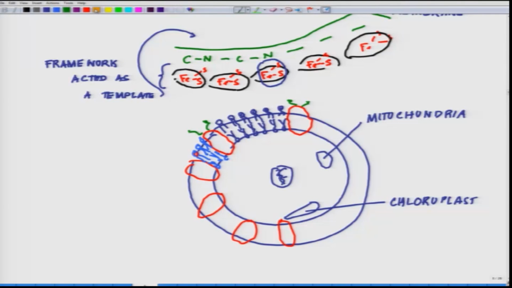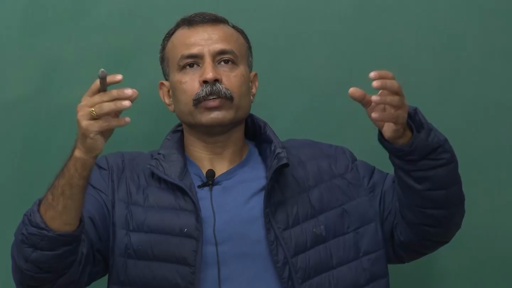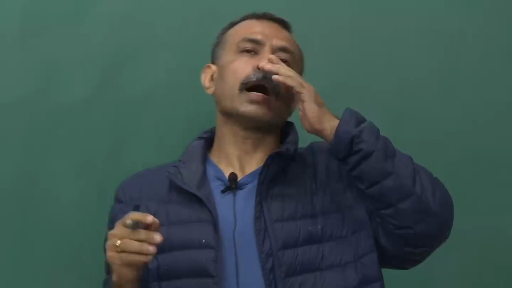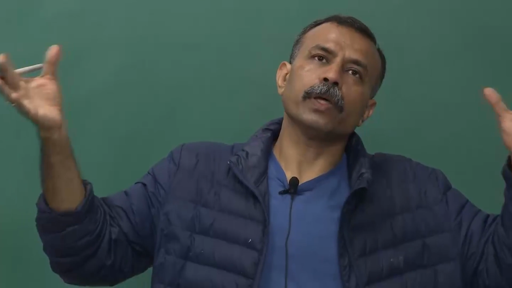And one interesting feature is that most of them, if they are electron transport proteins, will have this iron-sulfur. Now, imagine a room, in the sense a cell, which was initially formed of iron-sulfur.